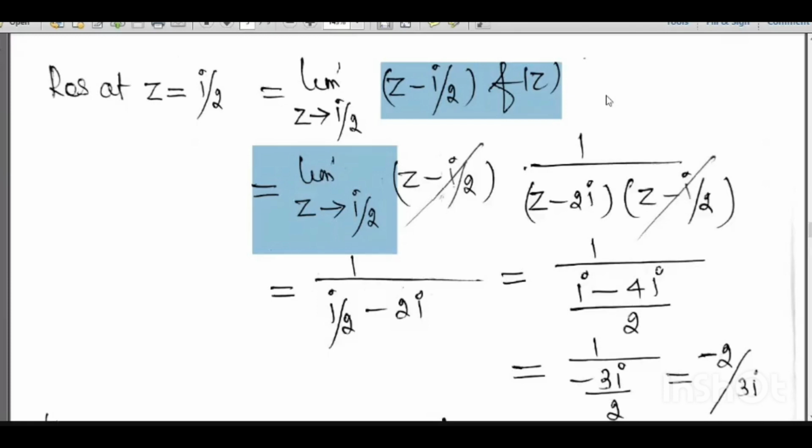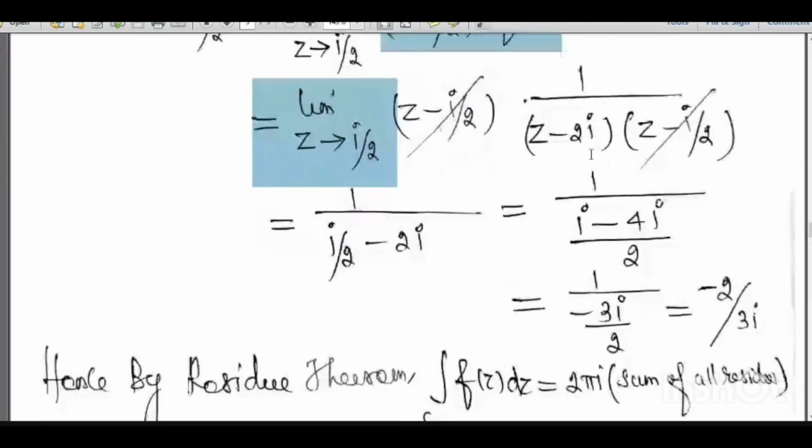So limit z tends to i by 2, 1 divided by z minus 2i. So 1 divided by i by 2 minus 2i. So 1 divided by i minus 4i divided by 2, which is equal to 1 divided by minus 3i by 2, which is equal to minus 2 divided by 3i. This is the answer for the residue at z is equal to i by 2.